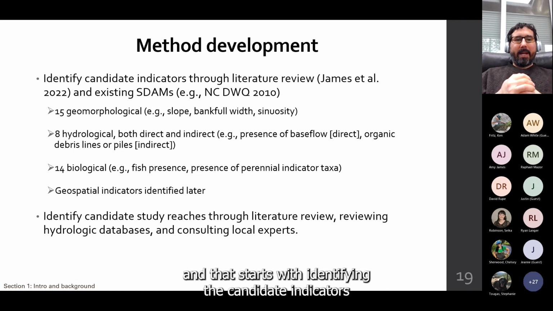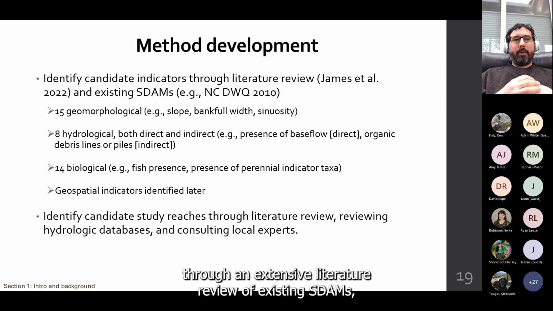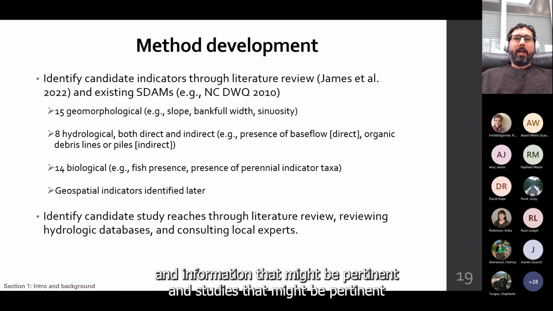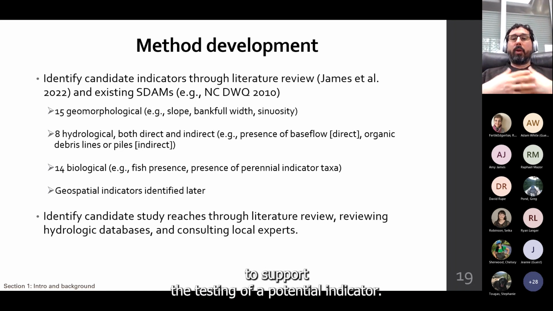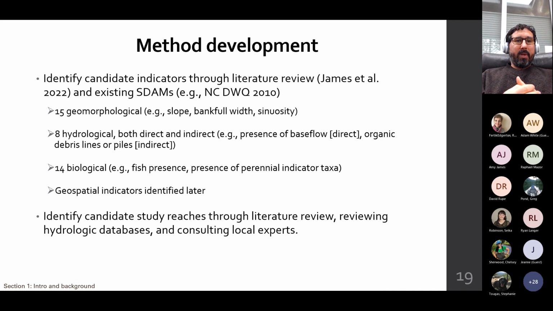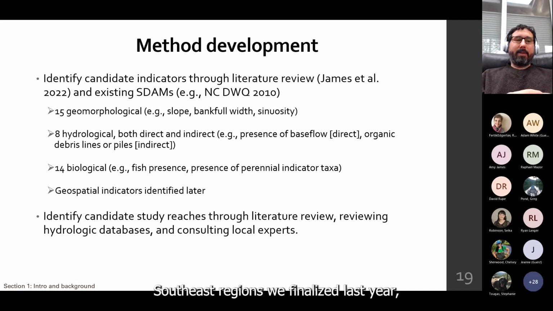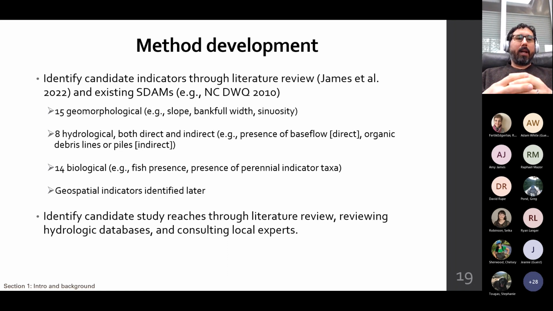And that starts with identifying the candidate indicators through an extensive literature review of existing SDAMs, as well as literature about individual indicators and information that might be pertinent and studies that might be pertinent to support the testing of a potential indicator.